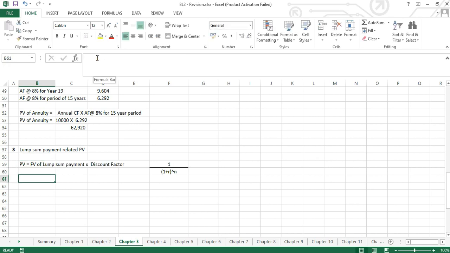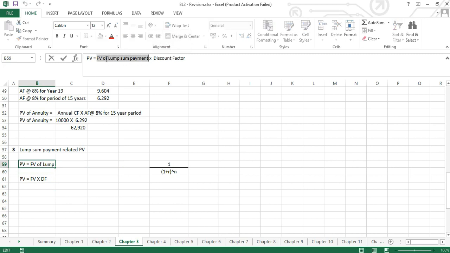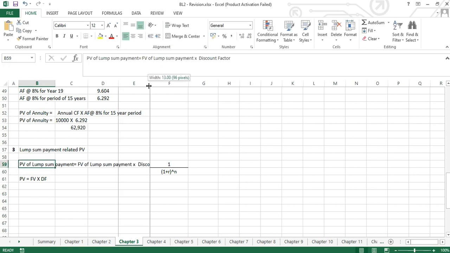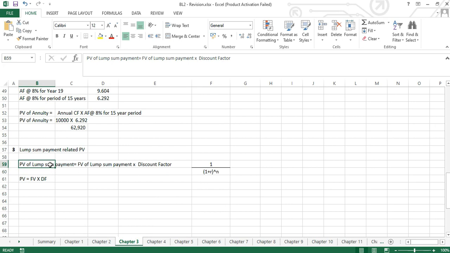So the normal formula of present value, if you take your book, is basically future value multiplied by discount factor. In this case, the future value is of the lump sum payment and they are asking the present value of that particular lump sum payment. Because if we are to invest money now, how much should we invest? And that also we need to invest only one time.